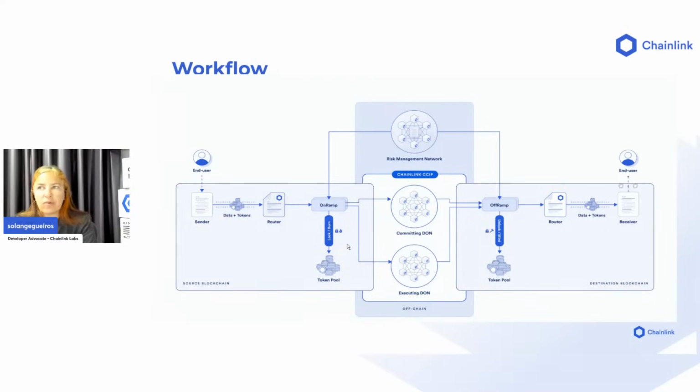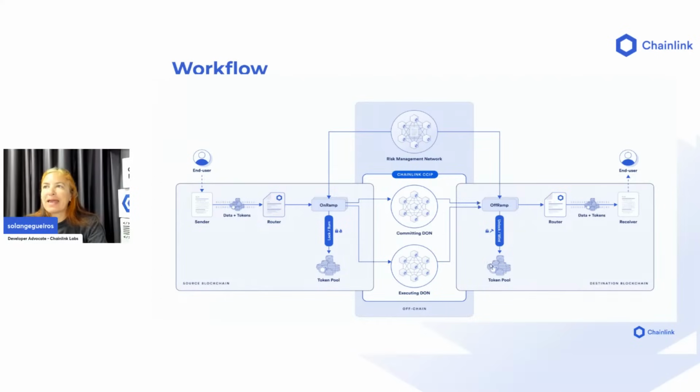So let's go forward. This part is off-chain because we must have the communication between two chains through an off-chain part. What do you have in the off-chain part? We have two sets of nodes, two decentralized oracle networks. One is the committing DON that is sending the information to the router in the other chain. And the other is the executing DON that is really executing the transaction on the router.